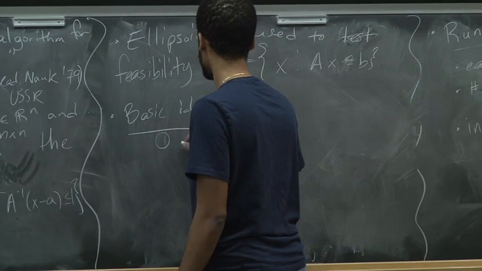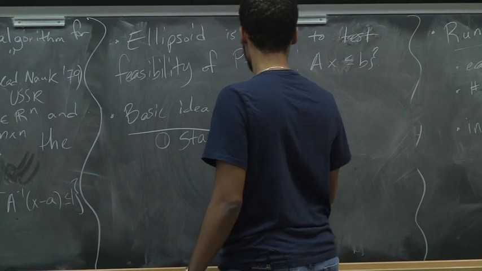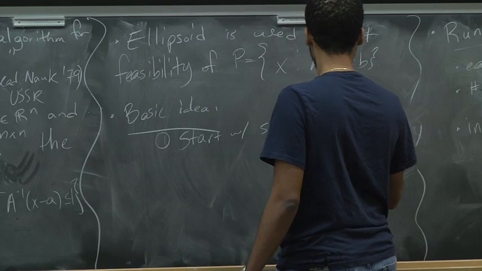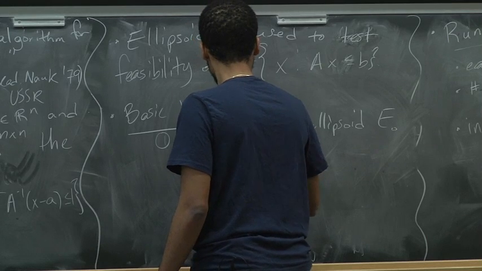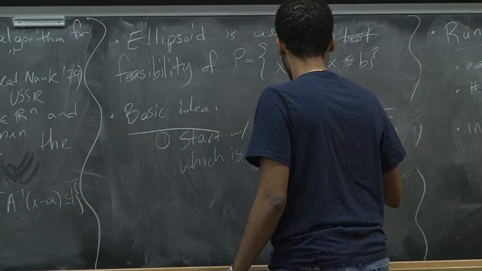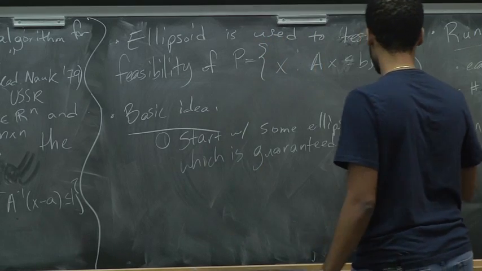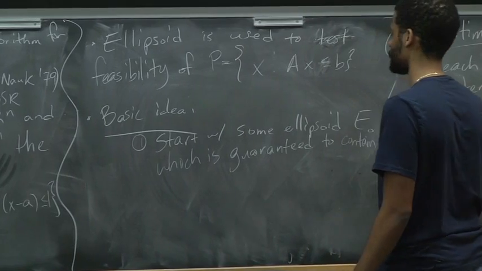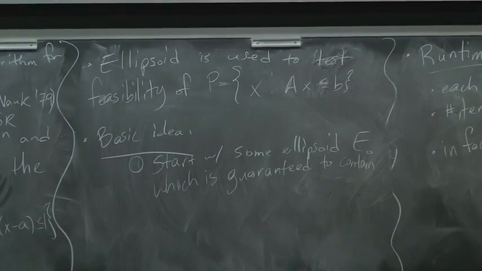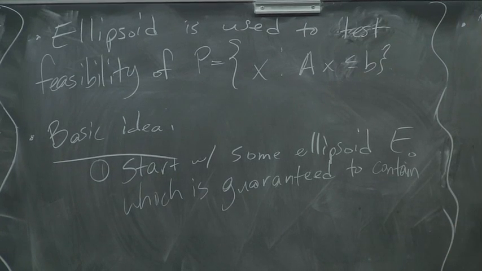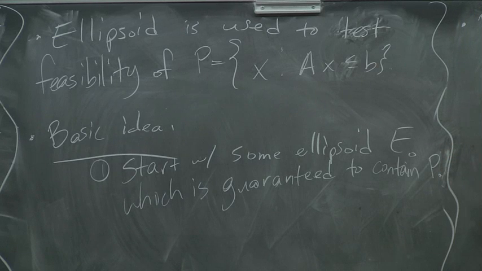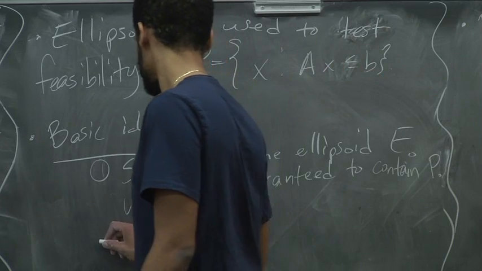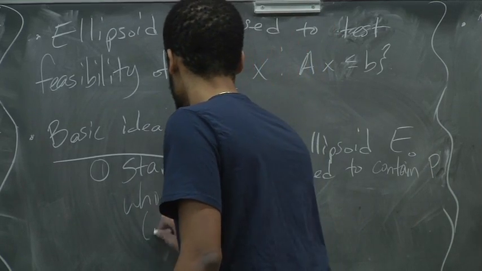so one, start with some ellipsoid E0, which is guaranteed to contain P, if P is bounded, that is.